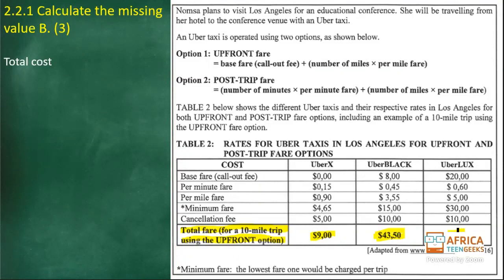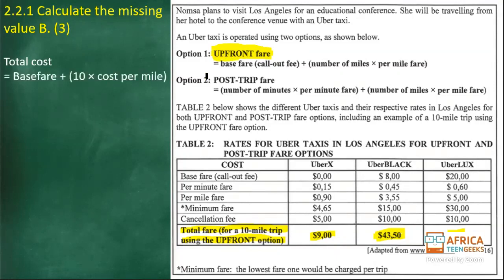And an Uber Lux would be option B, and that's what we need to calculate. What do we know about this? It is a total fare for a 10-mile trip using the upfront option. So the formula used to calculate those values is the one for upfront fare.